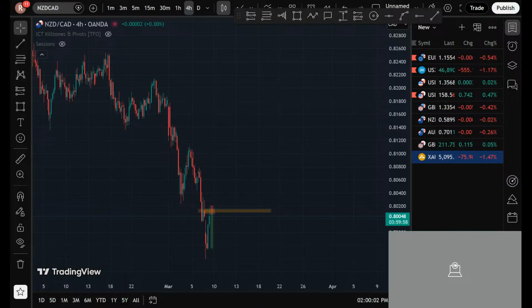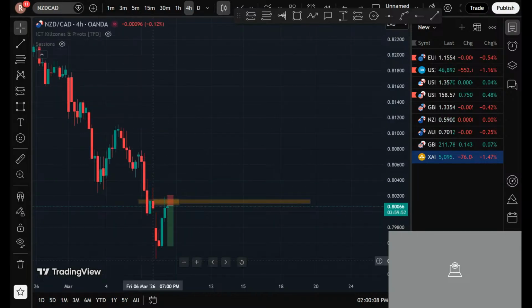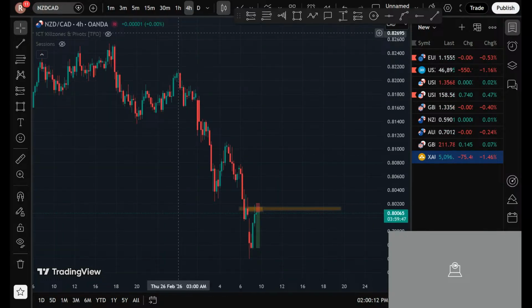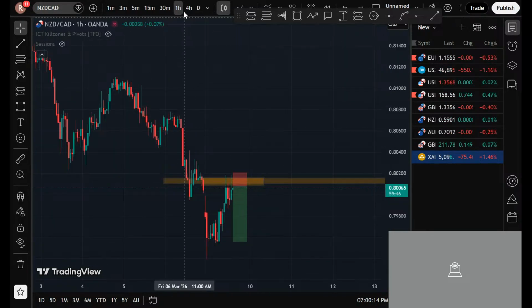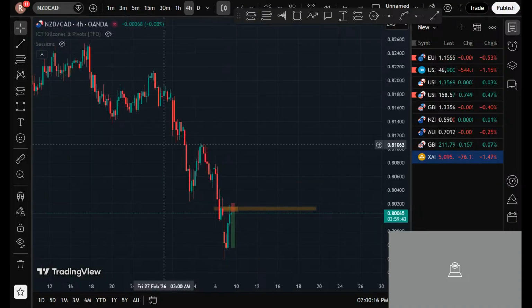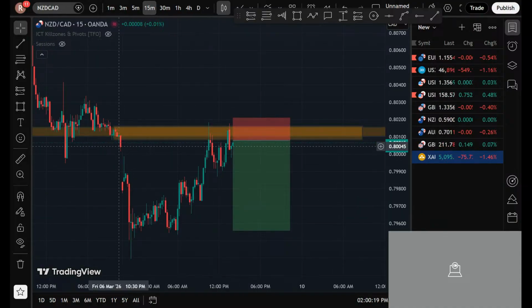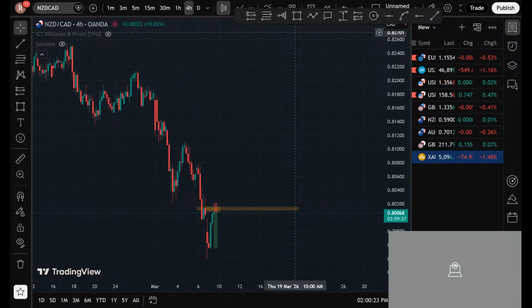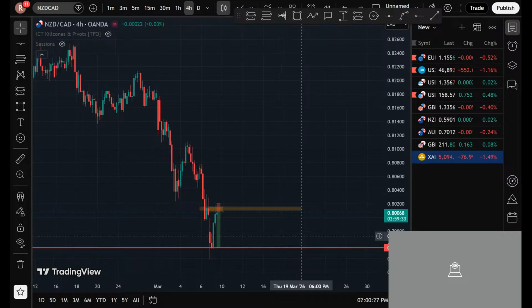So let me think properly again. 4 hour, what is our time frame bias? Bearish, right? Proper bearish. Where we are at? Selling area, proper selling area. So what is 15 minutes showing? We are at the order flow, which indicates this is the selling area and this is the take profit area.